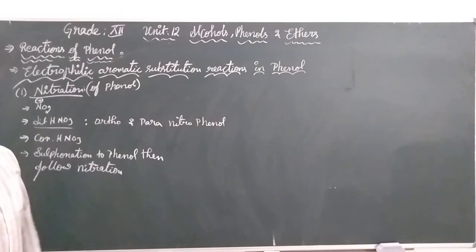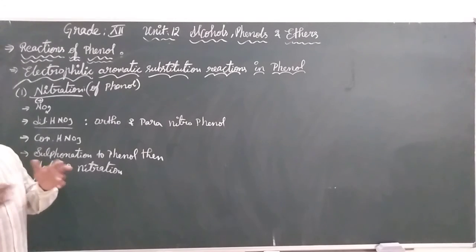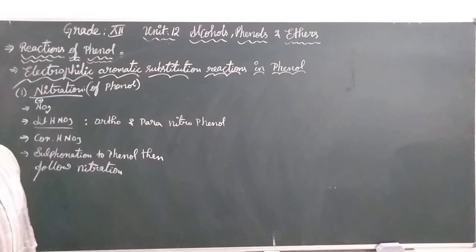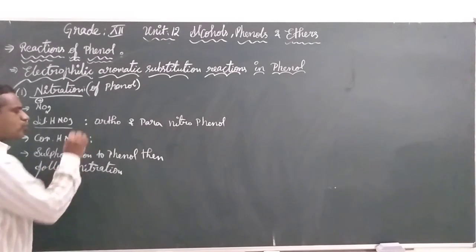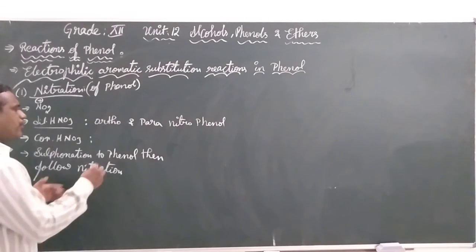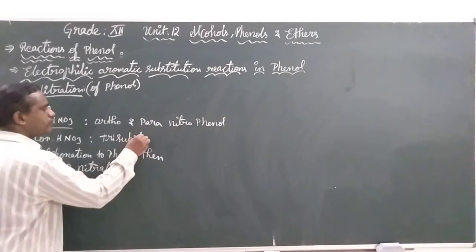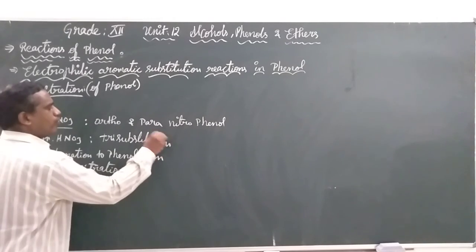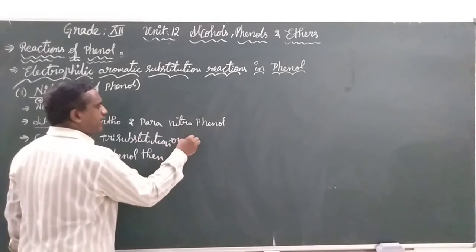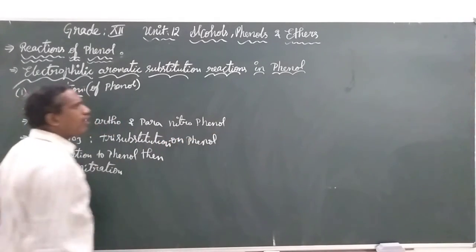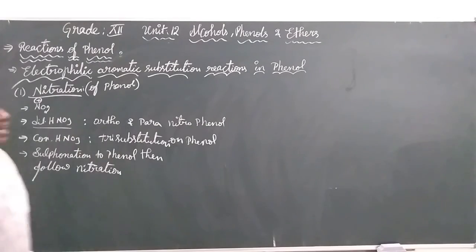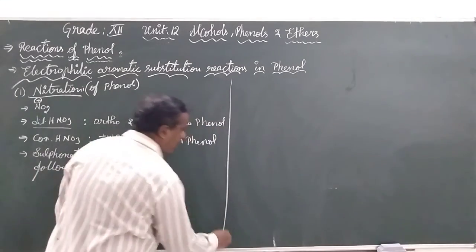Both will be formed, but we will be selecting one of them. And if you use concentrated nitric acid, you will have a tri-substitution on phenol. Let us see how the reactions go.